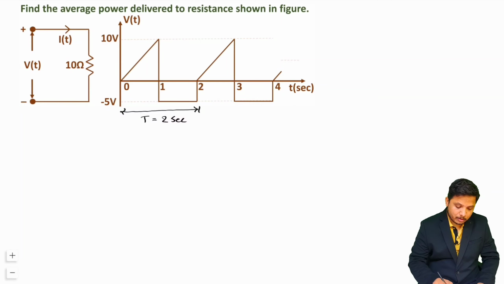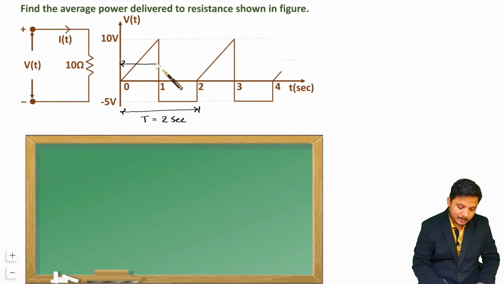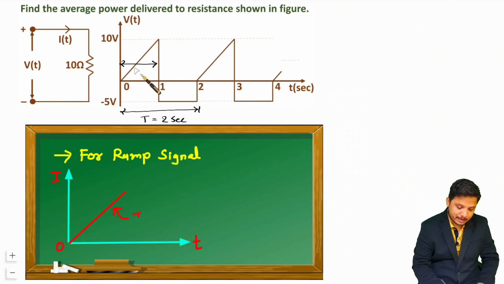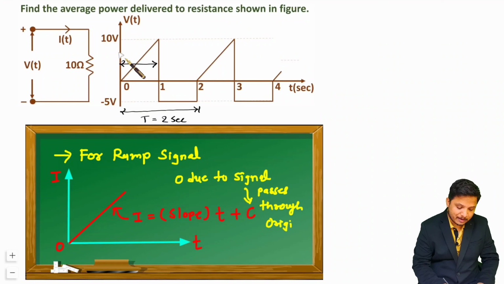Now what is this function? If you see for 0 to 1 second, this v(t) is a ramp signal, and its slope is change in y divided by change in x. So that is 10 by 1. So that will be 10 into t. So that is v(t) for 0 to 1.